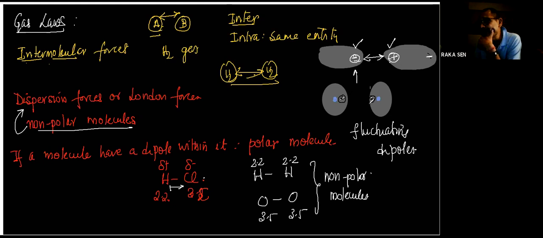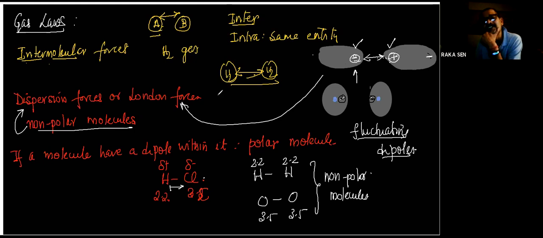Why is this happening? Because the electron clouds are momentarily shifting in this direction. In the next instance, the opposite thing might happen. This electron cloud will come in this direction, so this will become negative and this will become positive. When this kind of interaction takes place, essentially due to fluctuating dipoles, you call that interaction London forces.